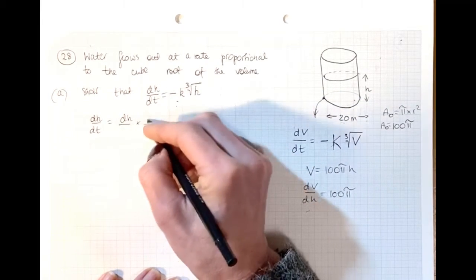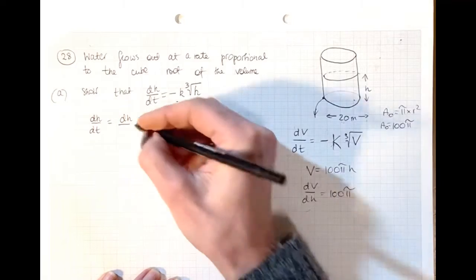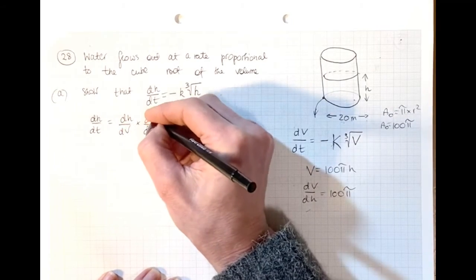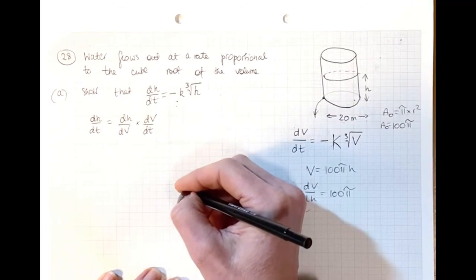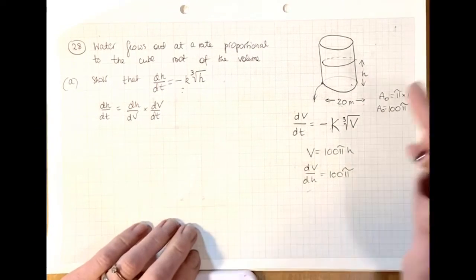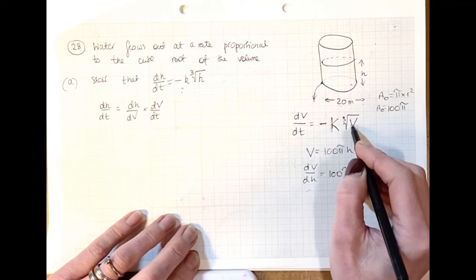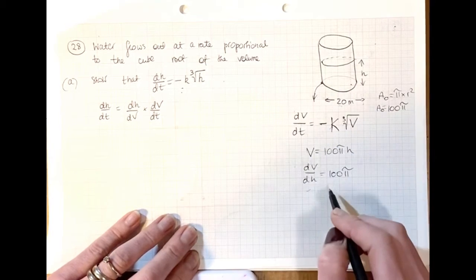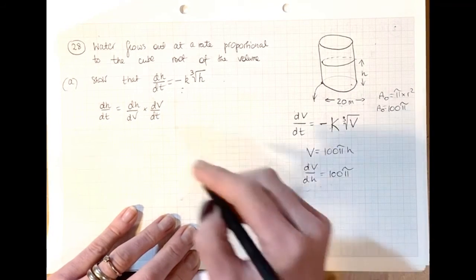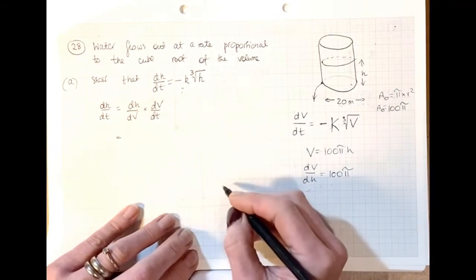Here we need to use the other variables. So for dV, we're going to use volume because that's what's given. So dV/dt is given by some constant minus k cube root of V. So let's sub these parts into this expression.